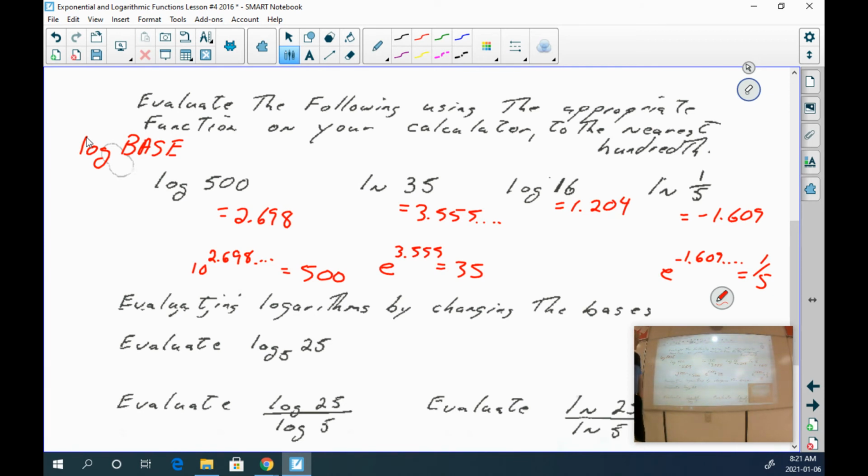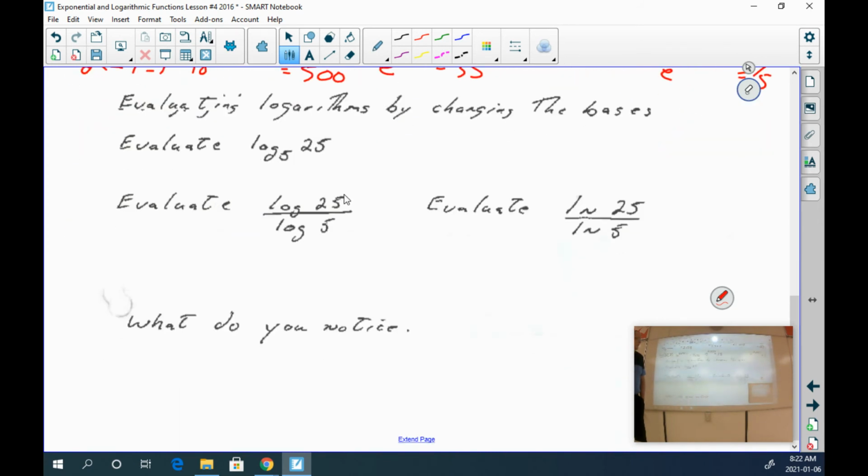Depending upon which calculator it is, sometimes you'll be given log of this, and you put the 2 here and the 50 there. And sometimes, depending on the calculator, you may have to enter 50, 2. What we're looking for is the base. Once I get my calculator back, I will show you some different ways of doing that.